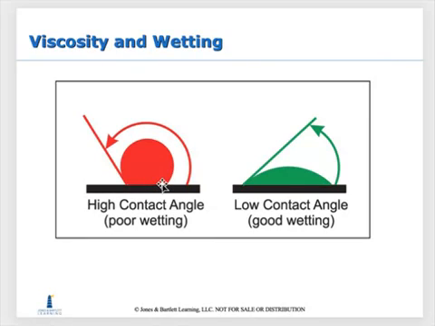So think of something, again, your amalgam is going to have a very high viscosity because it's not going to spread out, versus something else such as gypsum that we will use to pour up impressions to make study models. It flows really well into an impression and covers a lot of surface area. So it's low to that surface, has good wetting, but it has low viscosity because it flows really well.